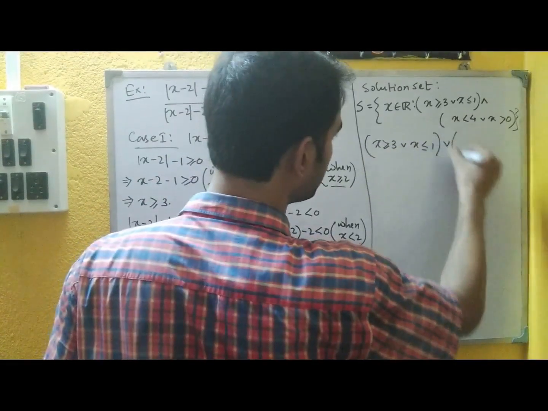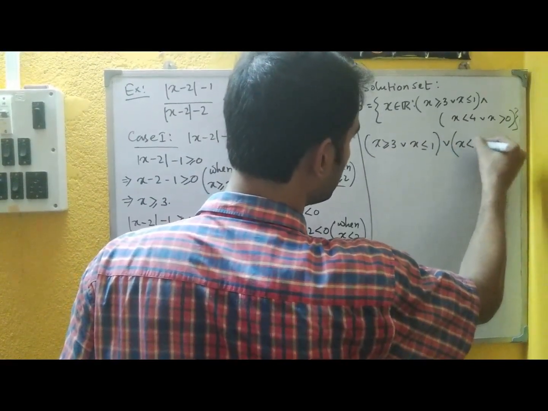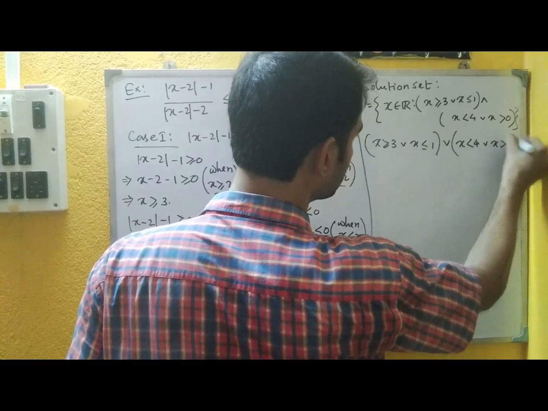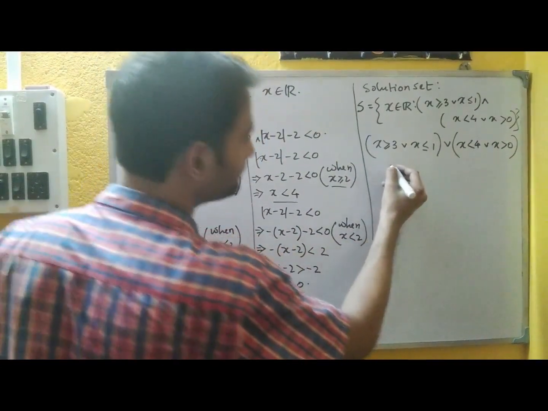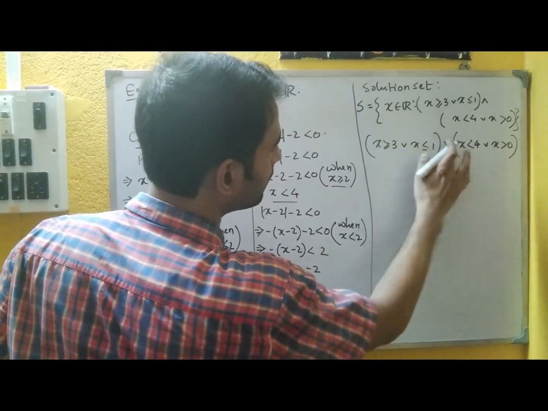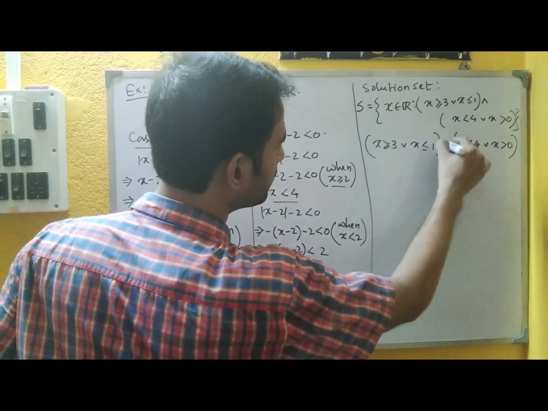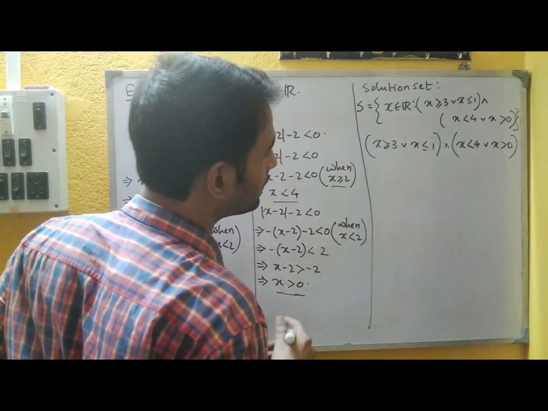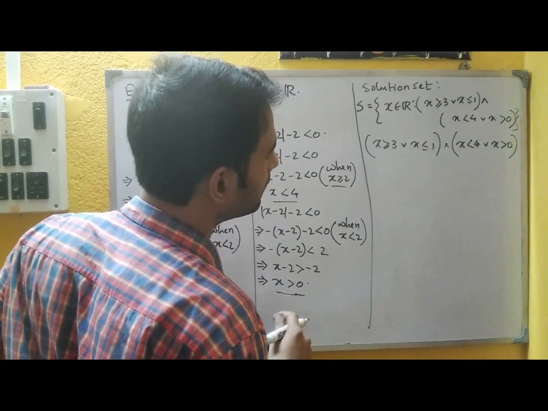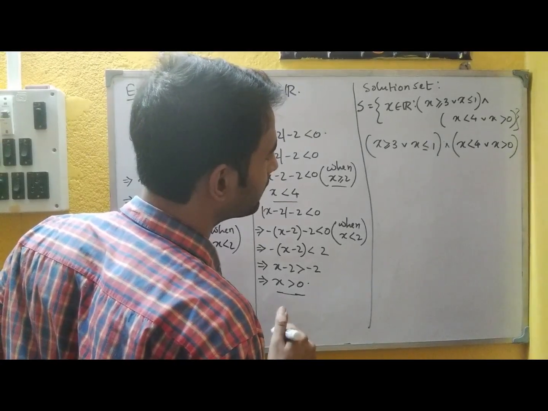So if this is the solution set, we again write this condition separately. See, it is in the logic of distribution law that we have done in sets. Sorry, this will be AND. You see, all the cases are separate.